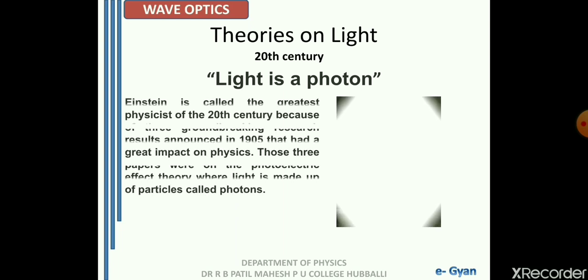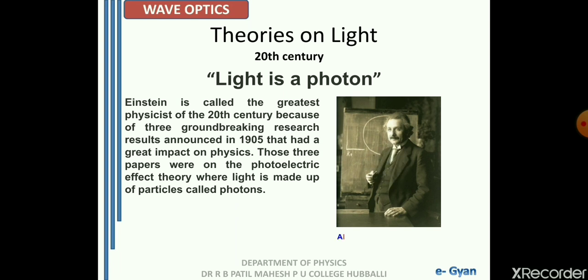So this photon nature was explained well by Albert Einstein after he produced the research paper in 1905 on his great photoelectric effect experiment. So now the light is neither a particle nor a wave, but it is a third kind of thing.